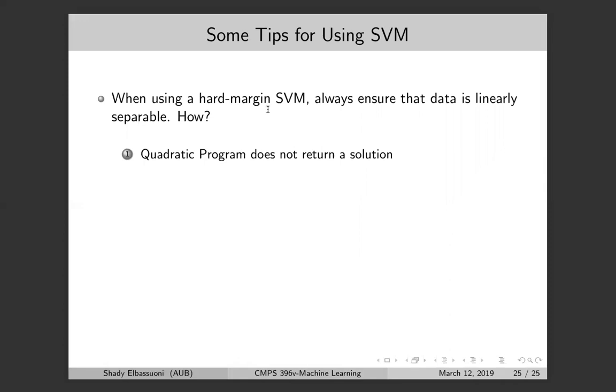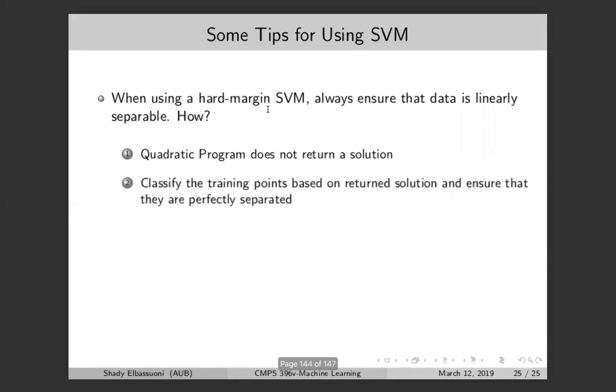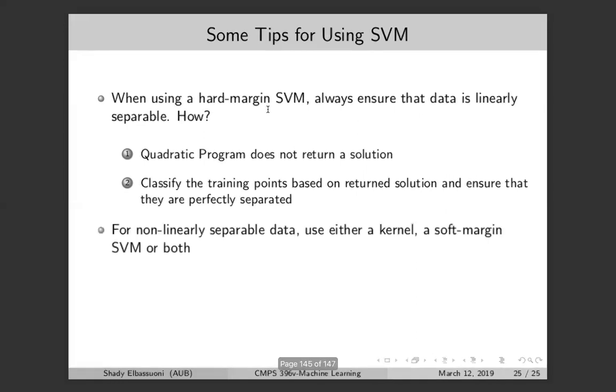It runs forever, keeps running. You try it for a while and it doesn't return anything. Or it returns some solution, and then obviously you can use this solution to see if the data is perfectly separated or not. Does it give you 0 in-sample error? If it gives you 0 in-sample error, then it separates the data linearly. It has to separate the data linearly by giving you 0 in-sample error.